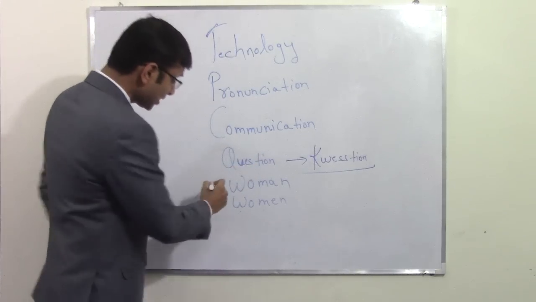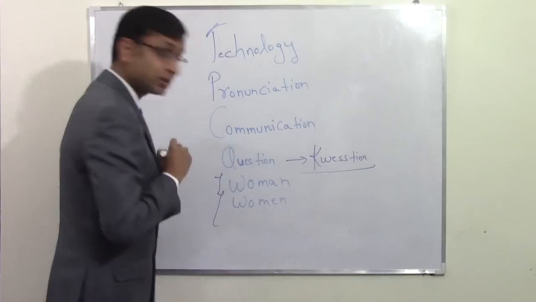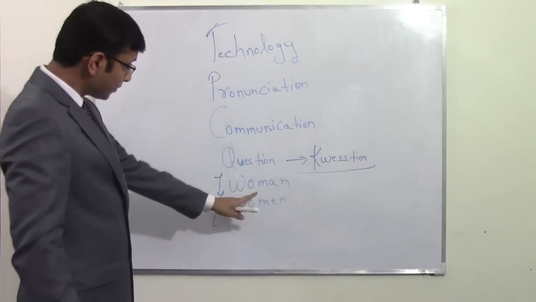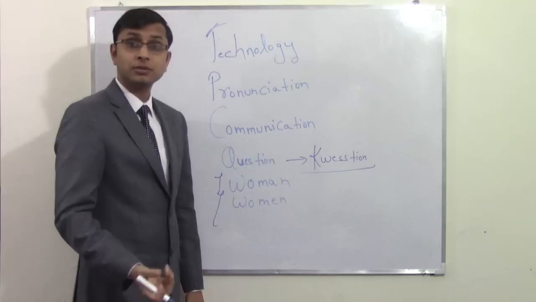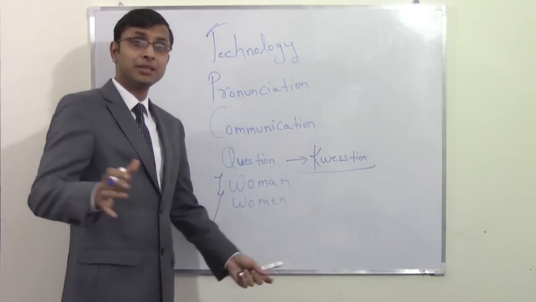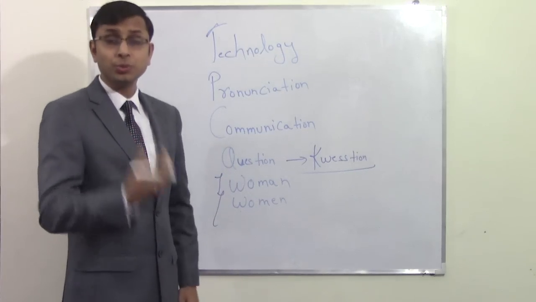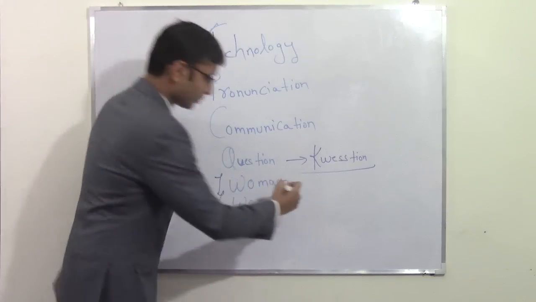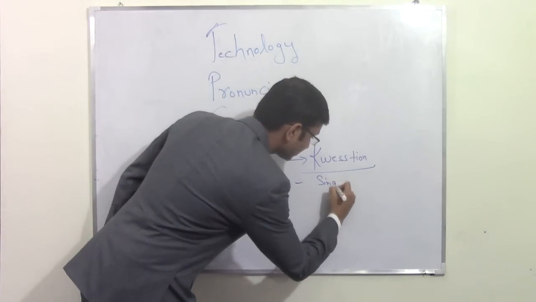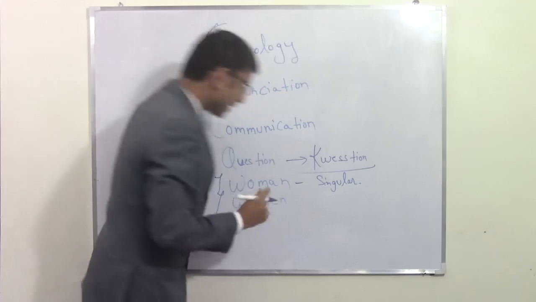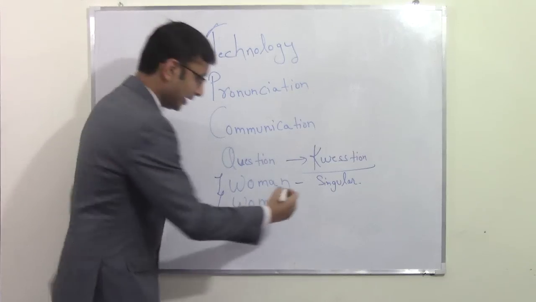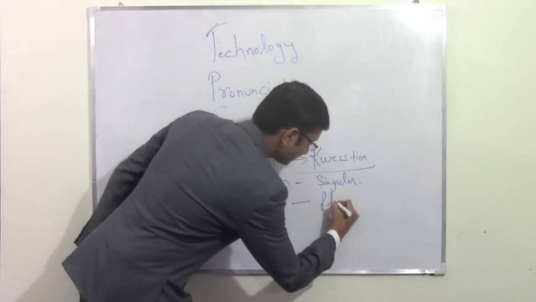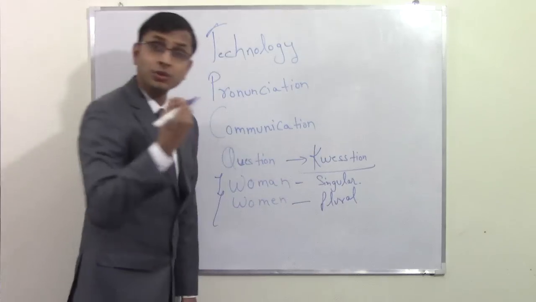And now these are the two most important words which I'm going to tell you today. The first one is, we say woman, viman, or whatever. So the first one is woman, which is singular, for one lady. And the second one is for plural, which is women.